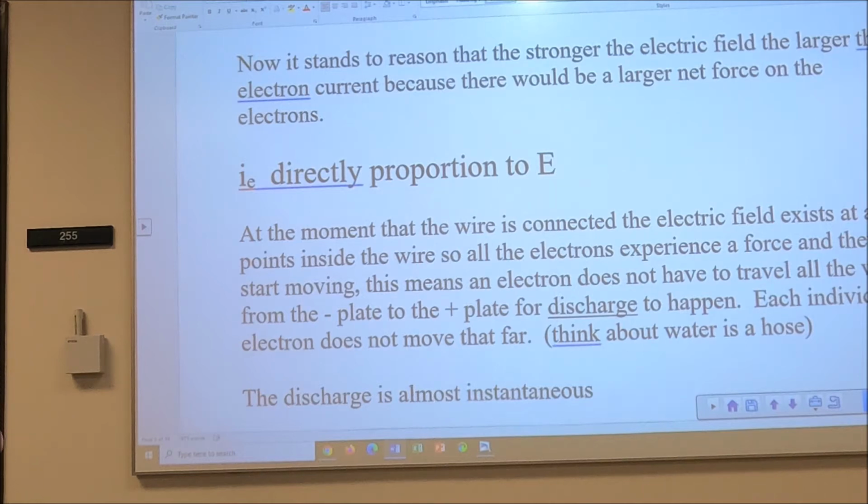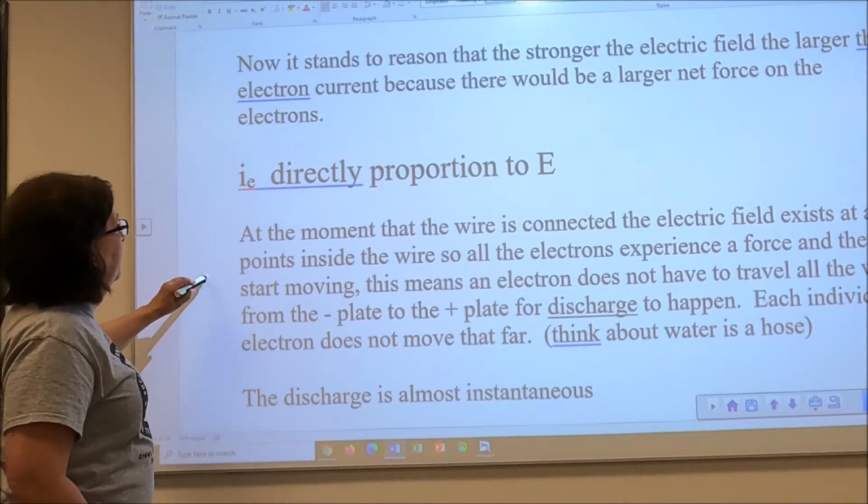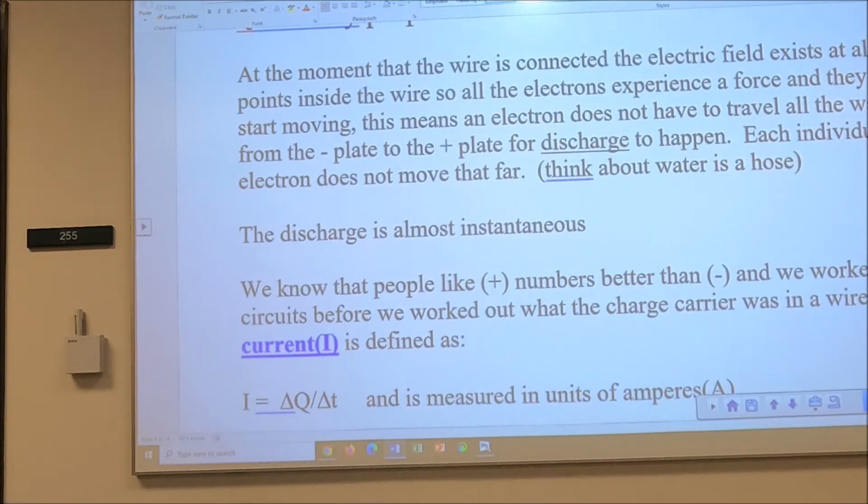And the strength of the electric field is going to depend on the capacitor. At the moment the wire is connected, the electric field exists at all points inside the wire because there is a charge gradient. And you start moving the electrons everywhere in that wire at the same moment.